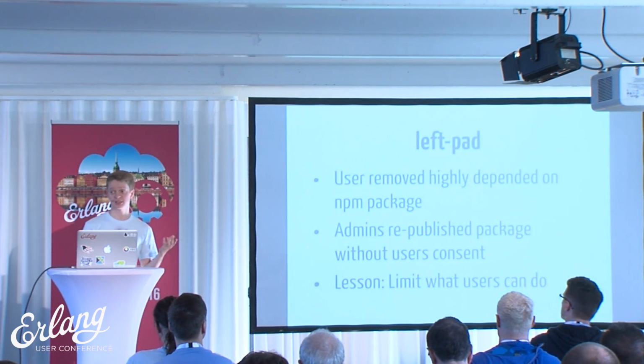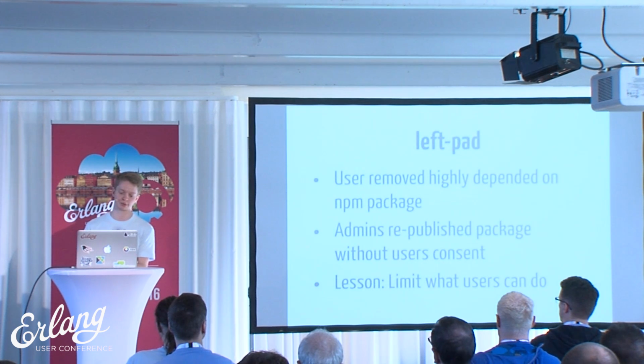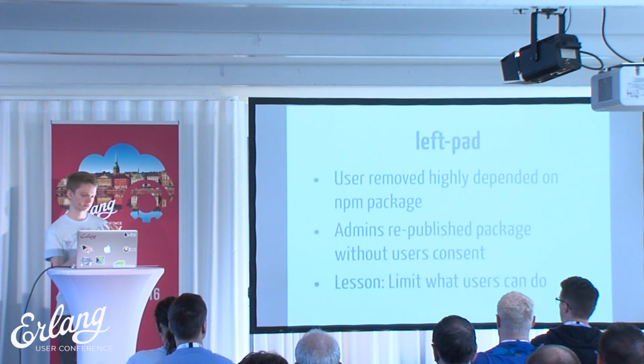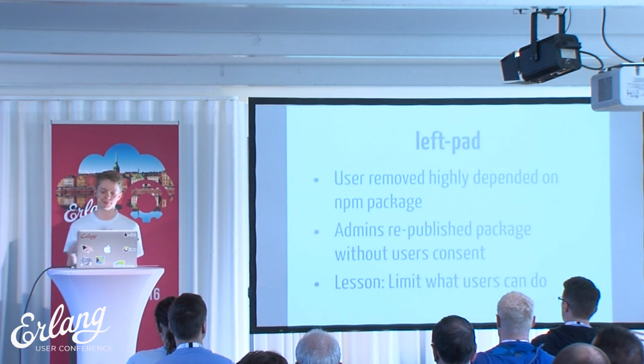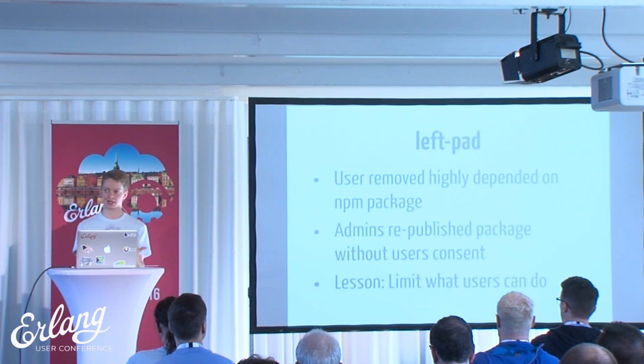To fix this issue, the admins decided that they would take ownership of the package, and against the original owner's consent, they republished the package. The main takeaway from this is that we should limit what users are allowed to do. One user shouldn't be allowed to break other users' projects, right?